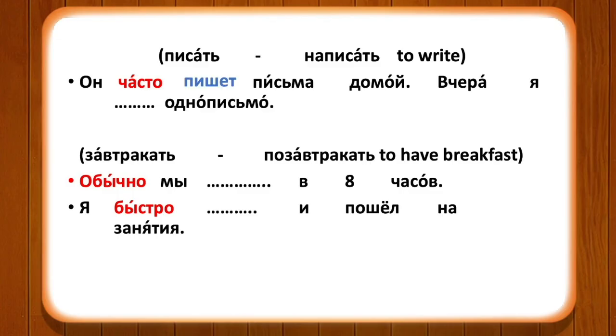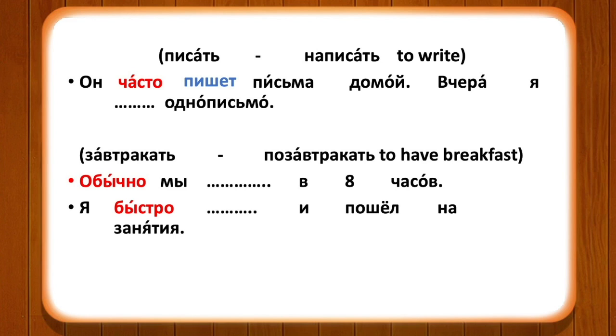In this sentence, you will be using the imperfective aspect because of the adverb часто, which indicates that the action is taking place habitually or regularly, and conjugate it according to the pronoun он. Он часто пишет письма домой. He often writes letters home.